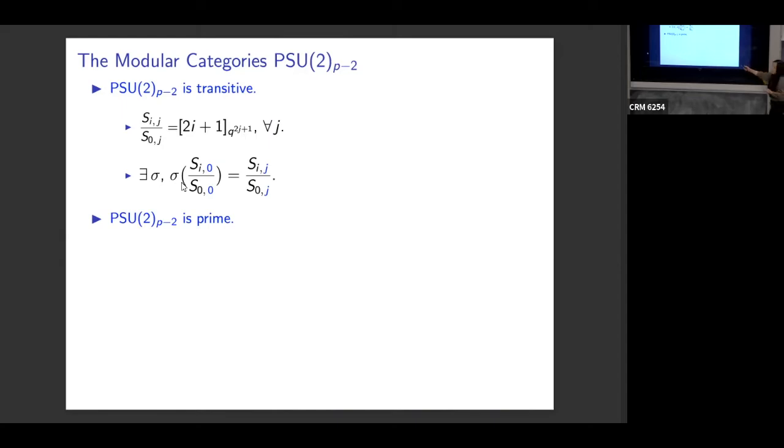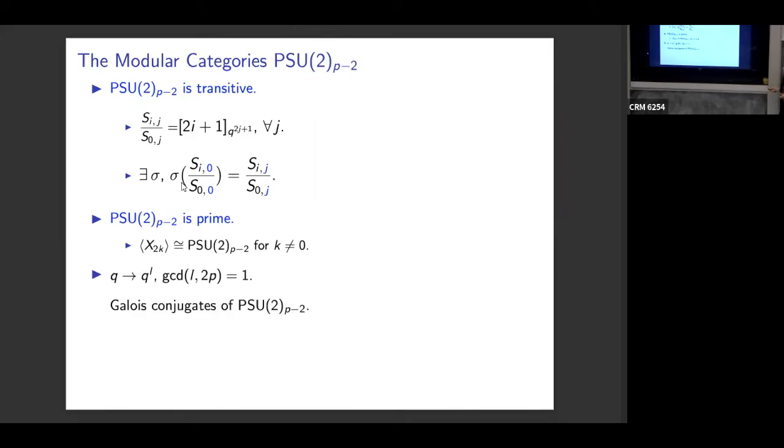Moreover, this category is a prime modular category. Prime modular category means that there is no non-trivial modular subcategory. How do we show that? One observation is that this category is generated by the simple object labeled by 2, so therefore it is a prime category.